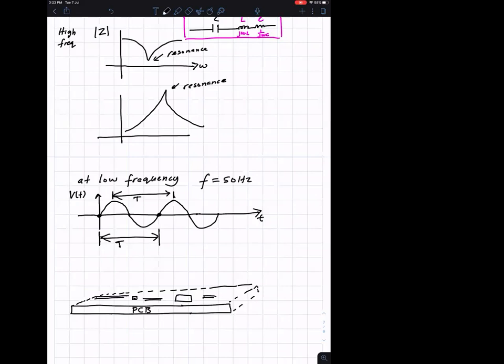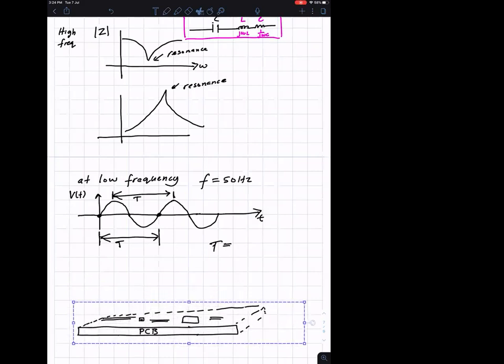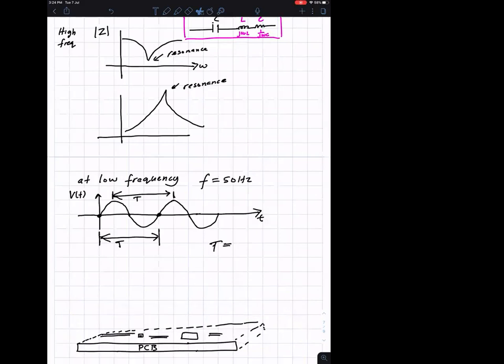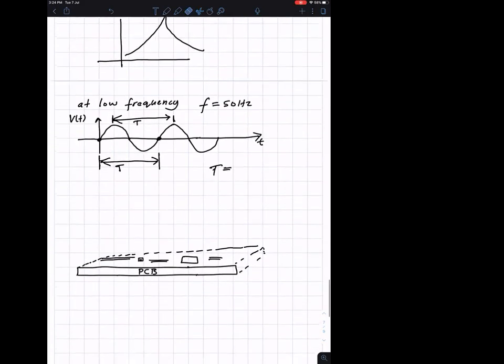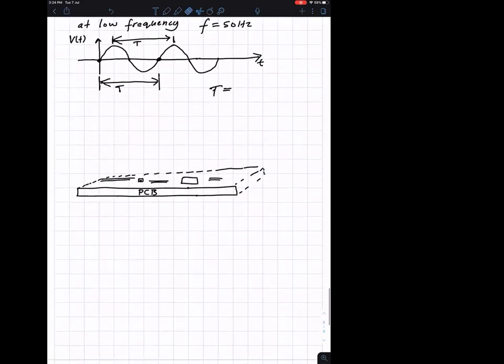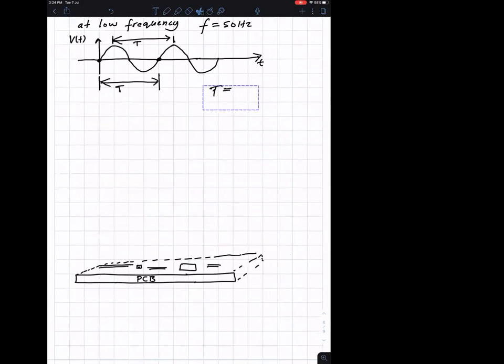So what is the period for a 50 hertz signal? Calculate, please, all of you. 0.02, sir.